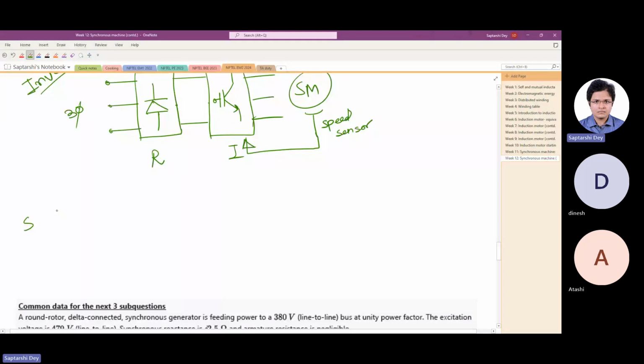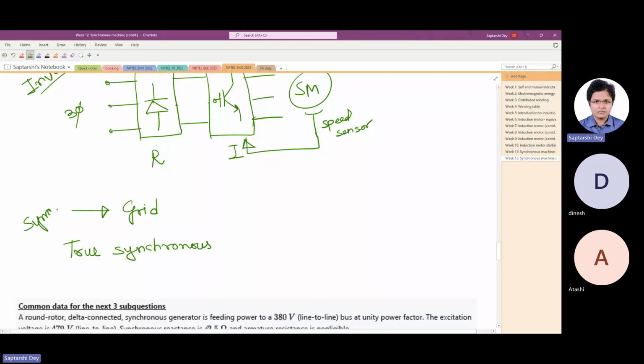The synchronous machine that is directly connected to grid is called a true synchronous. It is a true synchronous, whereas, as I told you, all these machines are actually synchronous machines.